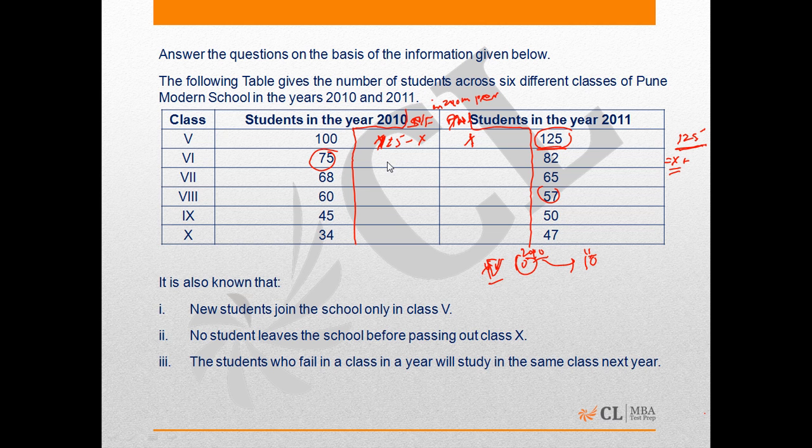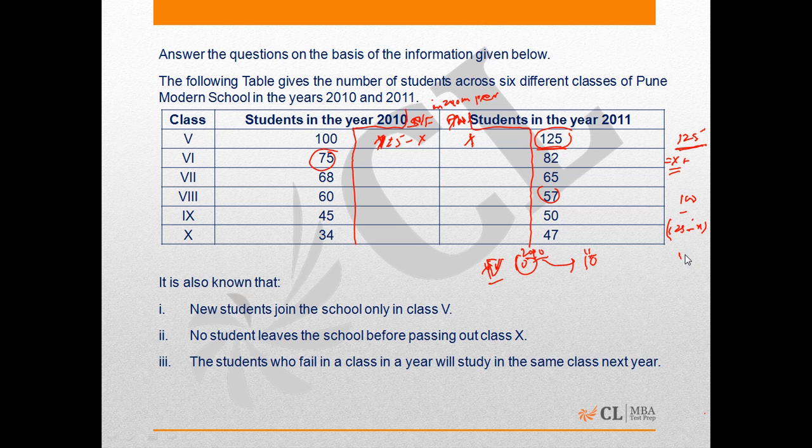So from here we can find the number of students who cleared class 5th in 2010, and it will be 100 minus (125 minus X).